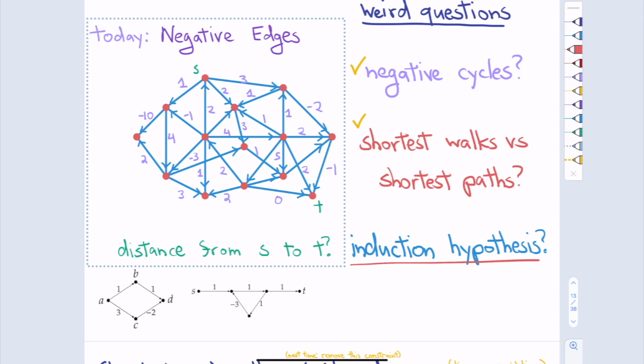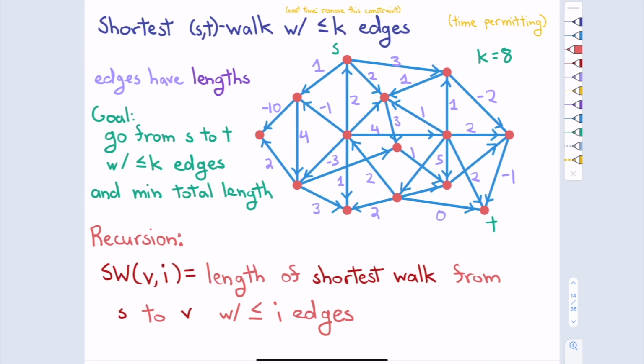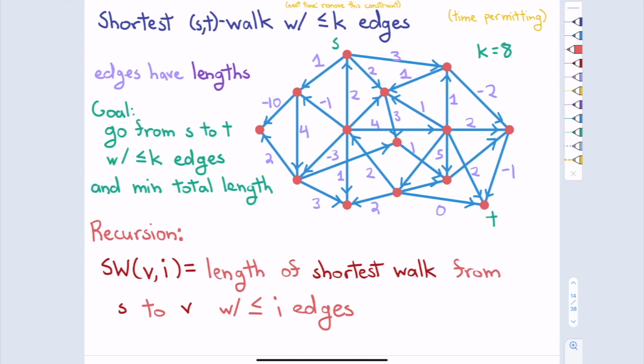Here there were many good suggestions from the audience, but it turns out that we have dealt with this before. And we actually have done what we need. So recall that we had looked at this problem of computing the shortest walk from point A to point B with a certain number of edges.